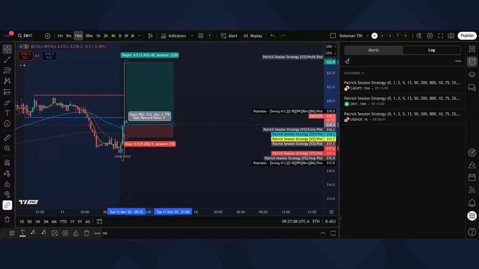Risk is 5. We've got an entry at 318.3, we've got stop at 317.4, and we've got take profit at 322.8.